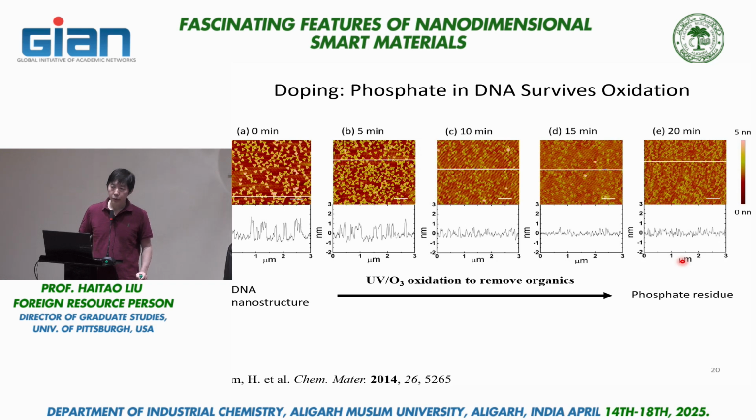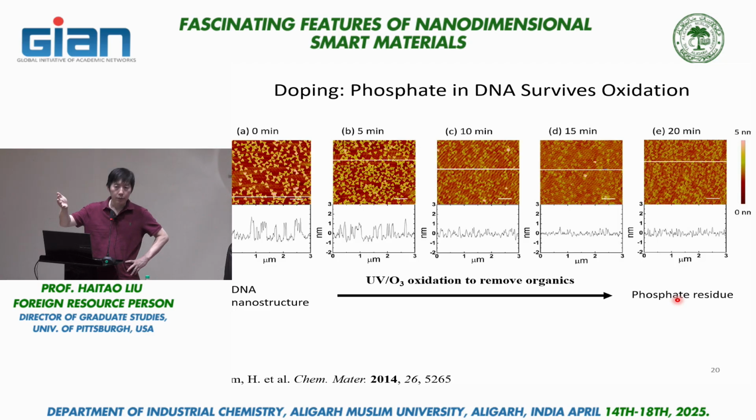This is, in retrospect, not very unexpected because on a solid surface, the diffusion is going to be very slow if there's no water or liquid to facilitate the diffusion. So the phosphate residue, because DNA has a phosphate backbone, and that phosphate backbone is not going to vaporize in a typical oxidation condition.